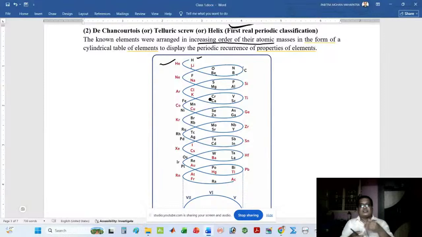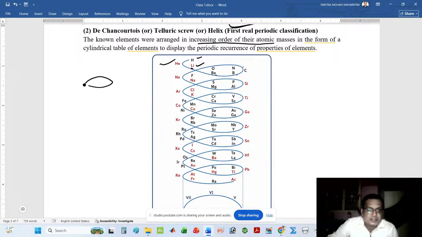Reoccurrence means repetition. Let me explain what this means. If you think about lithium, look at that. Here, the position of lithium is here. If you want to make a circle, then you move to complete this. Yes, look at that.